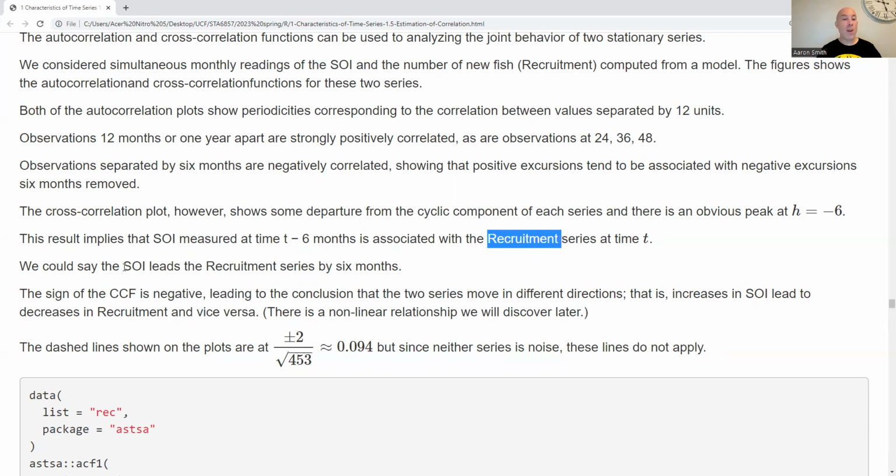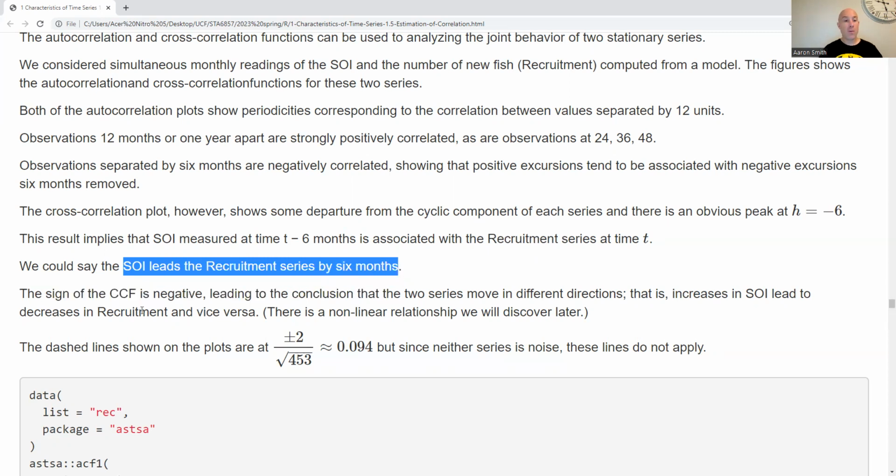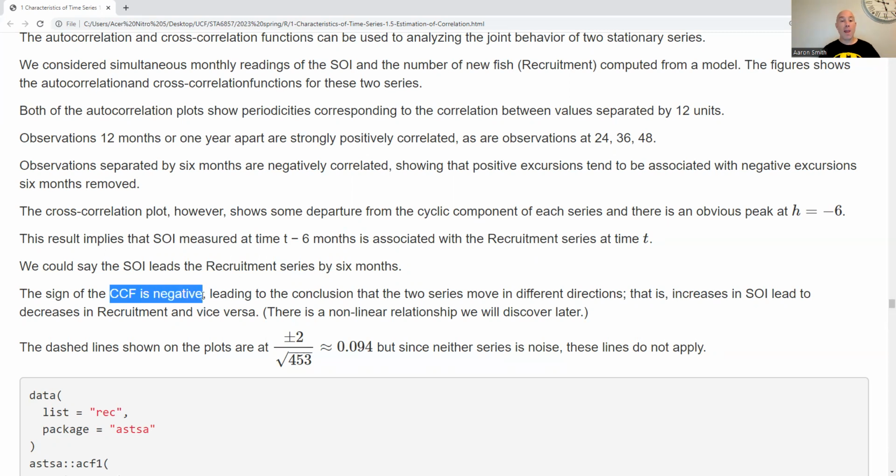And so we're going to say that SOI leads recruitment by 6 months. The sign of the cross-correlation function is negative, leading to the conclusion that the two series move in different directions. That is, an increase in SOI leads to a decrease in recruitment and vice versa.